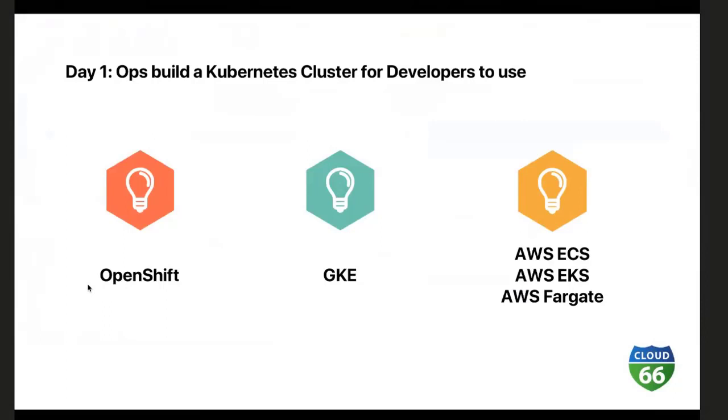By the end of 2017, we realized that setting up a highly secure and highly available Kubernetes cluster is becoming easier and easier, with the help of tools like GKE, which is Google's managed Kubernetes, OpenShift, and Amazon Web Services, just coming into this market with great products and offerings like ECS, EKS, and Fargate. So day one of Kubernetes, which is setting up your cluster, is getting easier, and it's becoming more available to everyone to have a good running cluster.